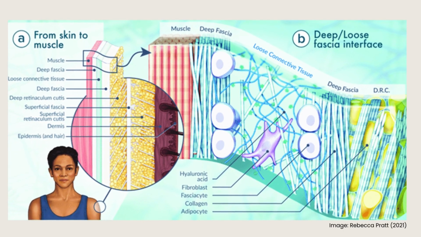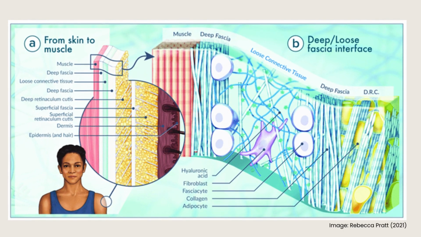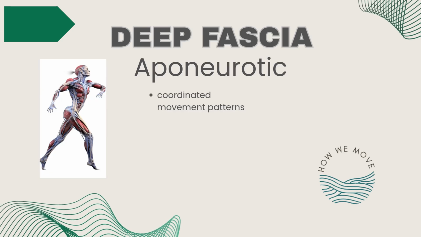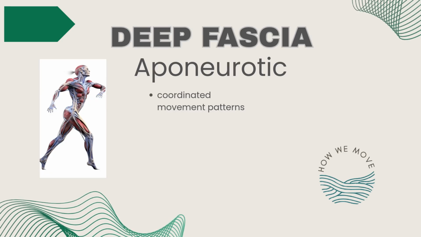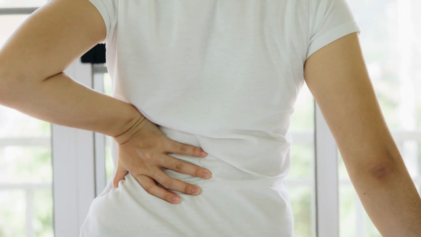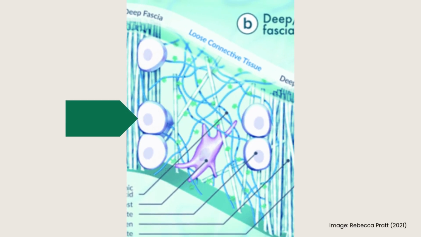Deep fascia has two components, separated by loose connective tissue. First, the dense, fibrous sheets of collagen called the aponeurotic layer. This layer wraps around groups of muscles like thoracolumbar fascia. It allows for sliding through hyaluronic-rich, loose connective tissue.